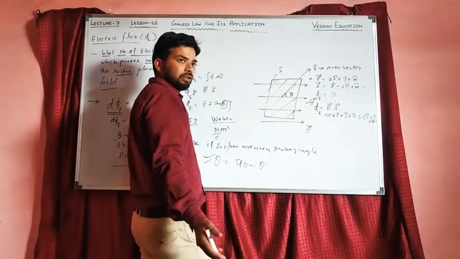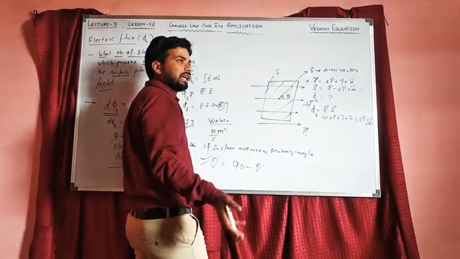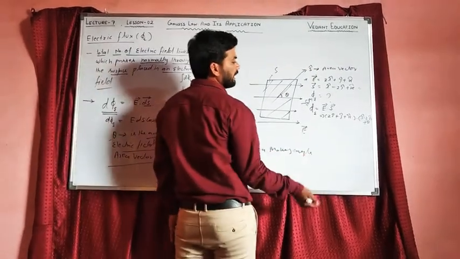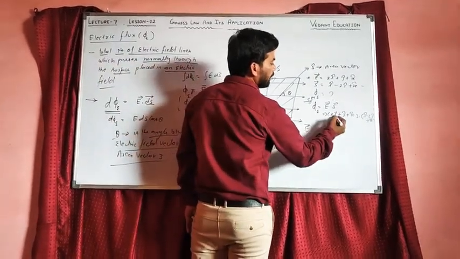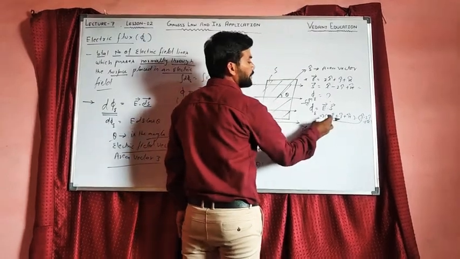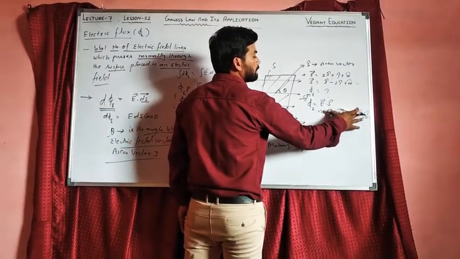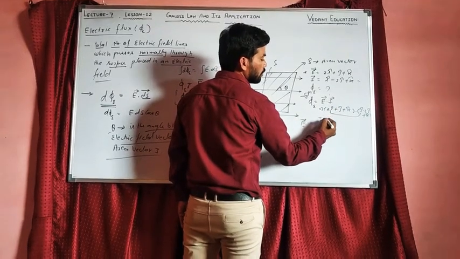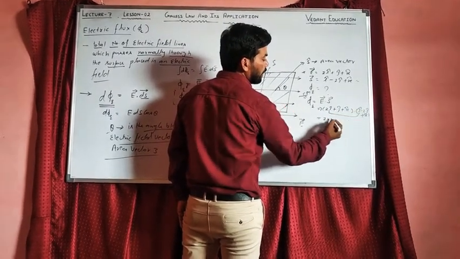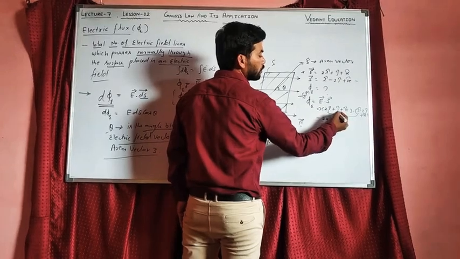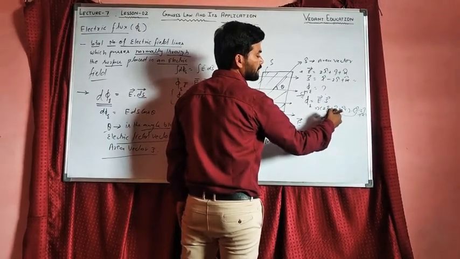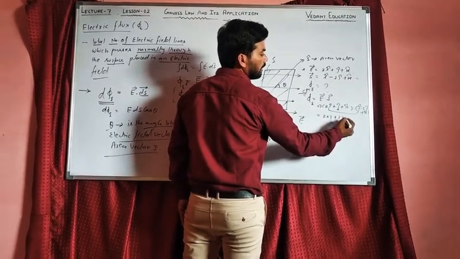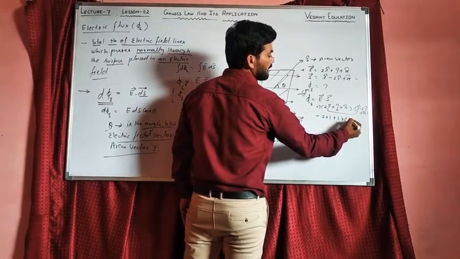In class 11th, you know how we calculate the dot product. If you don't remember, multiply the coefficient of i with the coefficient of this i. So here 2 multiplied by 1. Then go to the next term: the coefficient of j cap is 1 here and minus 2 there, so 1 multiplied by minus 2.